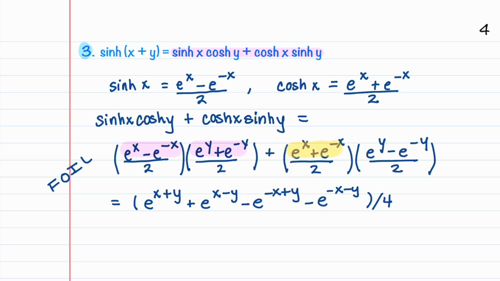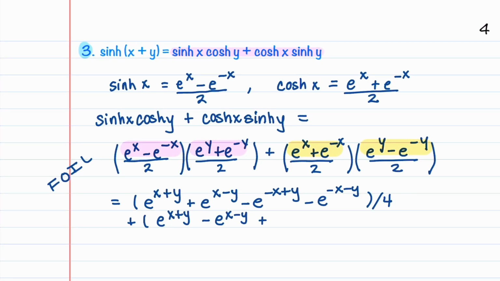Now we're going to multiply this term times this term. So we're going to multiply the first terms, so this is e to the x plus y. And then we're going to multiply our outer terms, which is minus e to the x minus y. And then the inner terms, which is plus e to the minus x plus y.